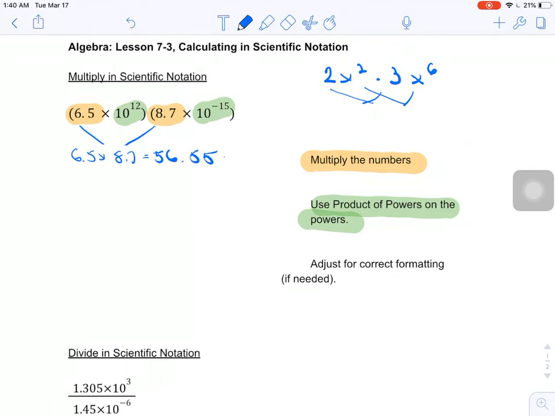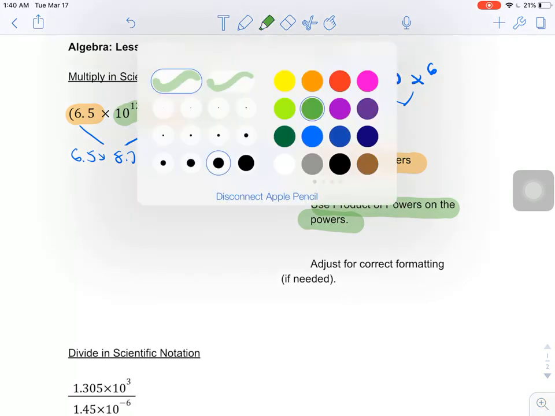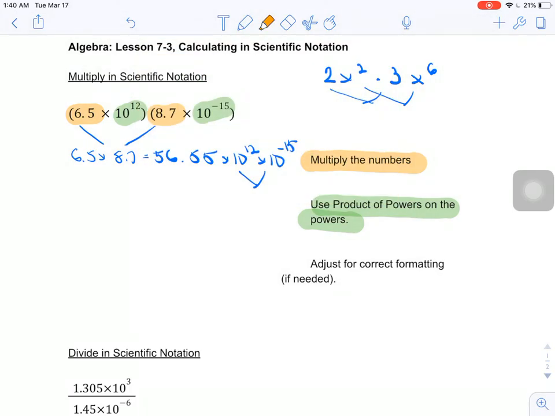And then we still have that times 10 to the power of 12 times 10 to the power of negative 15. So our next step is going to be to use the product of powers. We just did the first step, which is how we got this answer. Now we need to use our product of powers. That's the rule, if you remember, that says if the base is the same and you're multiplying, you can add the exponents.